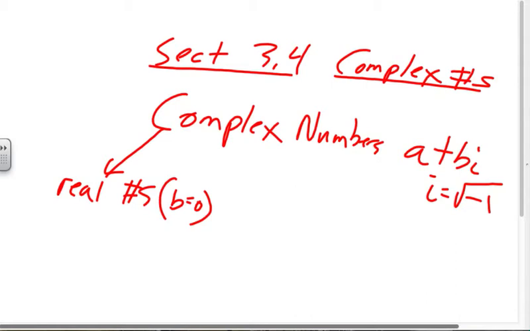We also have imaginary numbers. By the way, this nomenclature lies. Imaginary numbers are no more imaginary than real numbers are real. Imaginary numbers, a is 0.